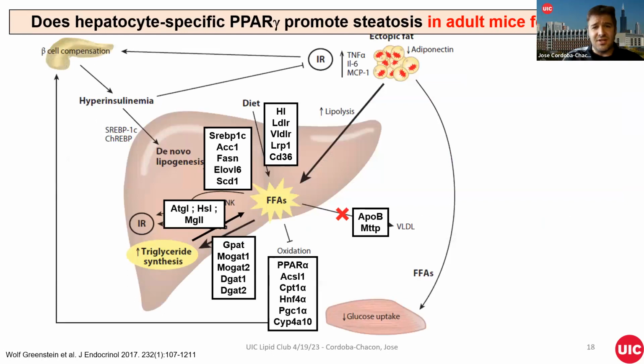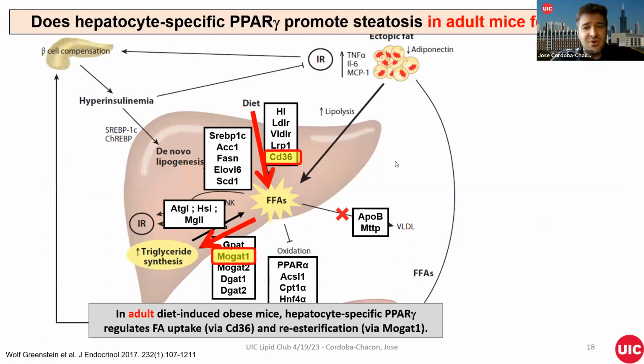And we wondered if we were regulating similar genes to those previously described that PPAR gamma should regulate in the liver. And to our surprise, we only observed a specific downregulation of CD36 and MOGAT1 in the knockout mice fed the high-fat diet. These genes are involved in fatty acid uptake.